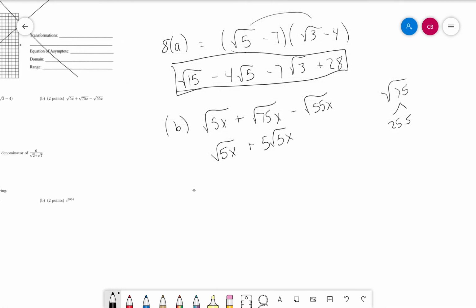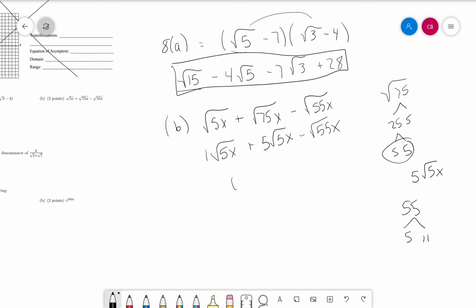Okay, we know that because this is 5 times 5. 5 square root 5, and the x was already there. And then finally, 55 is 5 times 11, which is prime, so it does not break down, so minus square root 55x. And so we have these two combined.